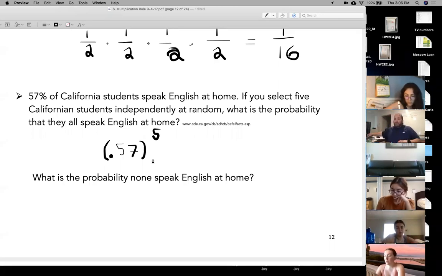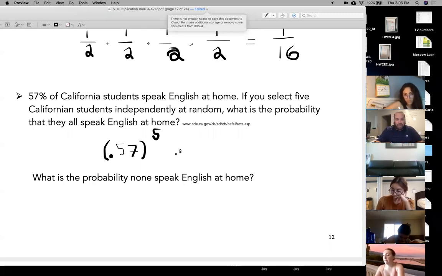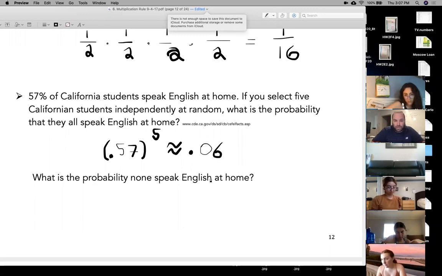And that's not something that you do in your head. So we get approximately 6%.